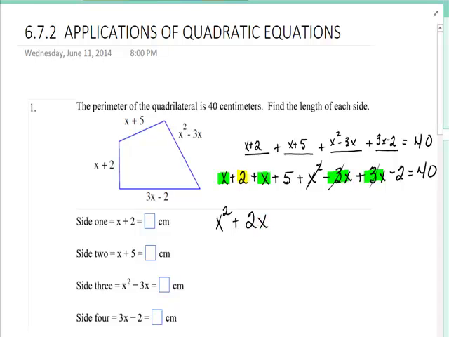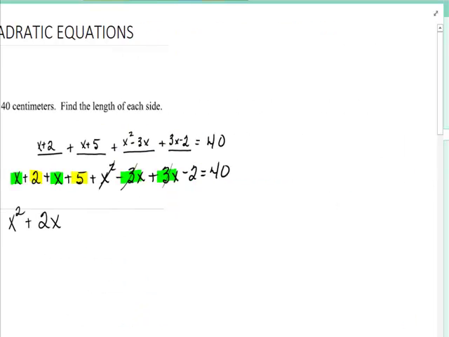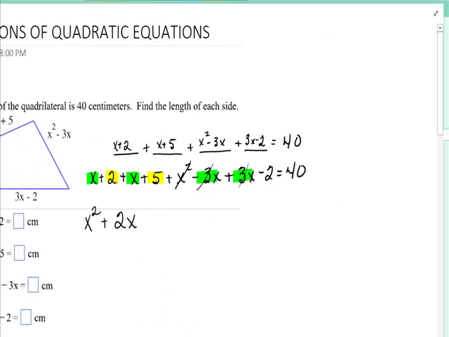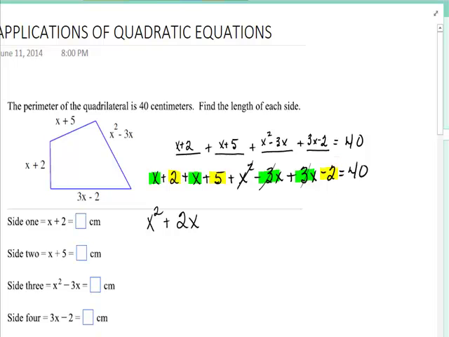I have this constant, and this constant on the left-hand side. 2 and 5 is 7, minus 2 is back to 5. And this is equal to 40.